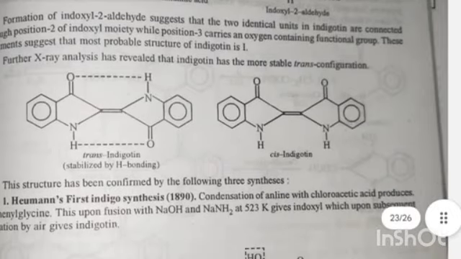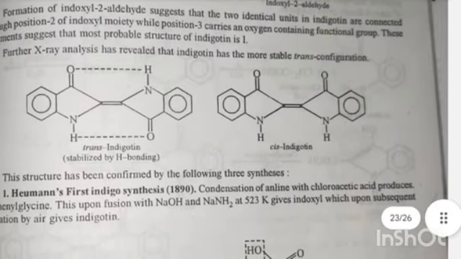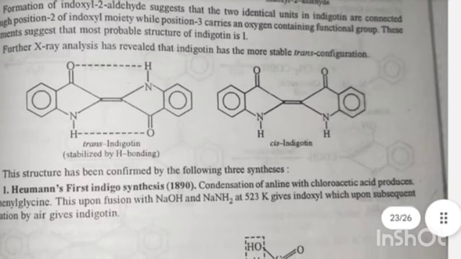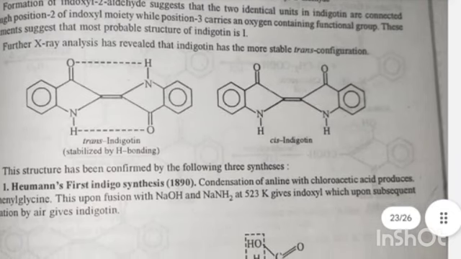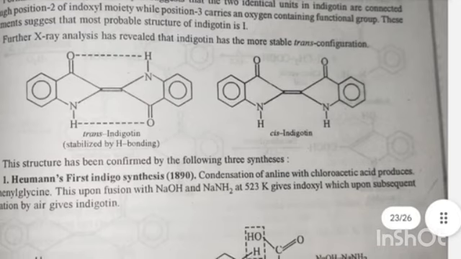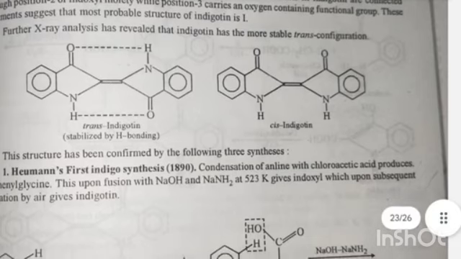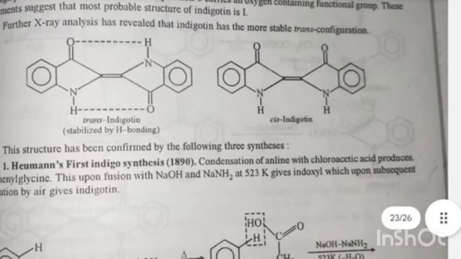Formation of indoxyl-2-aldehyde suggested that the two identical units in indigotin are connected through position 2 of the indoxyl moiety, while position 3 carries an oxygen-containing functional group. These arguments suggest that the most probable structure of indigotin is 1.